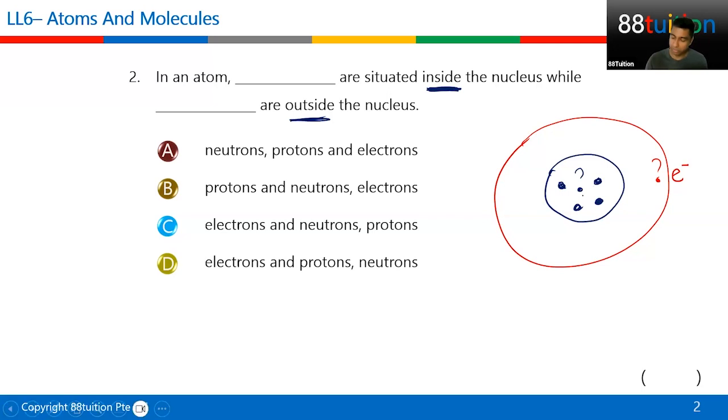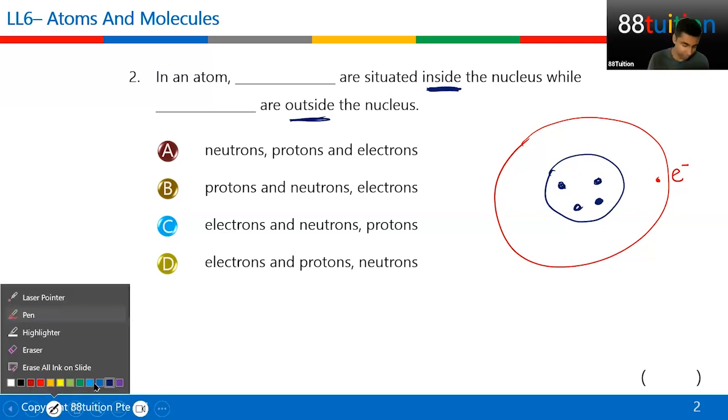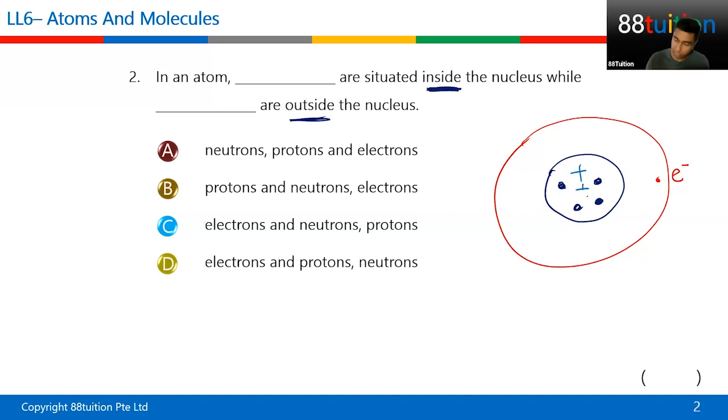Let's redraw that again. So let's see if you can find the answer. I'll give you a chance to put it in while I draw the final diagram. I have to draw a few more electrons to make it neutral.